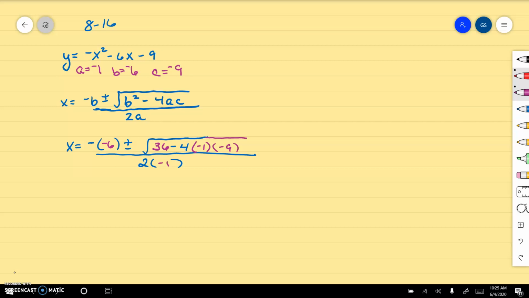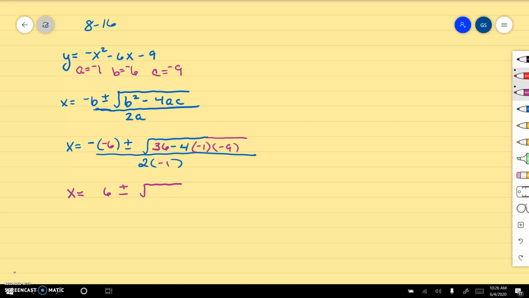Okay, so we're going to have to evaluate this thing. If I was in class with you, I would show you how to do this on the calculator. It's just using the fraction button and one other step. But being I'm just doing it out for you, I'll just skip that part. All right, so x equals negative of negative 6 is 6, plus or minus the square root of, now this is 36 minus 4 times negative 1 times negative 9.